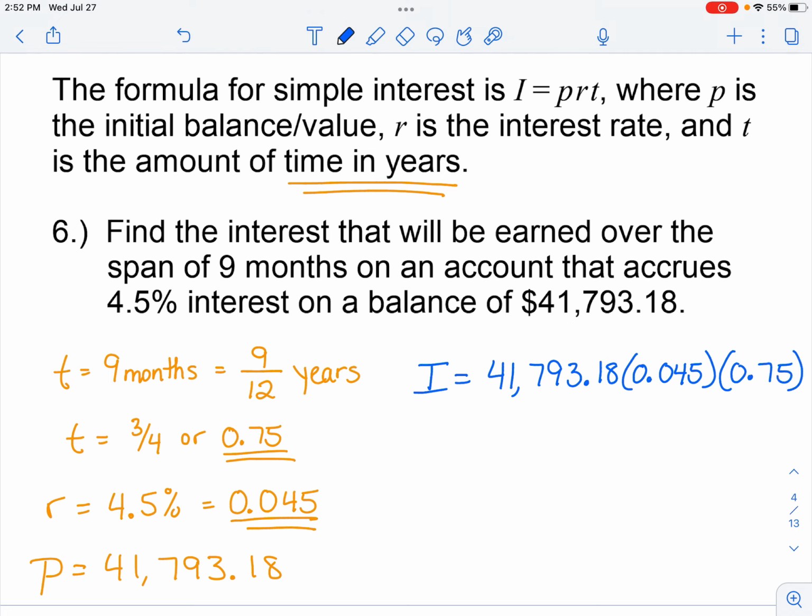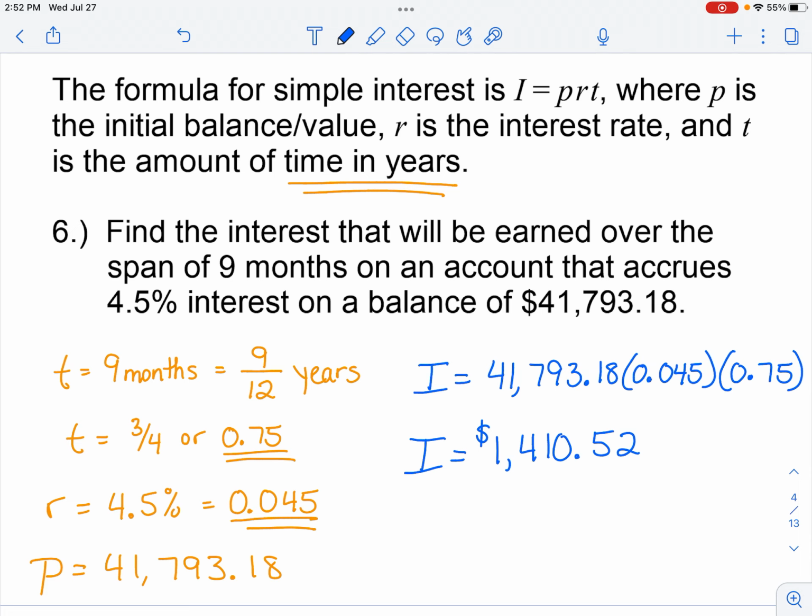And of course, I'm not expecting you to do this in your head. I'm expecting you to do this with a calculator. So this interest value comes out to $1,410.52. Okay? That's how much interest would be earned over the course of 9 months if nothing else was done over that amount of time.